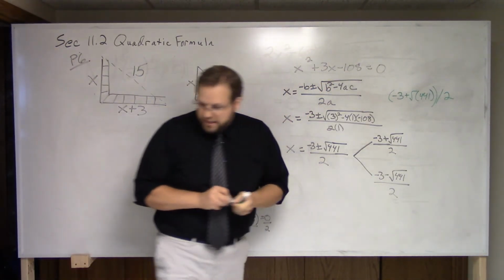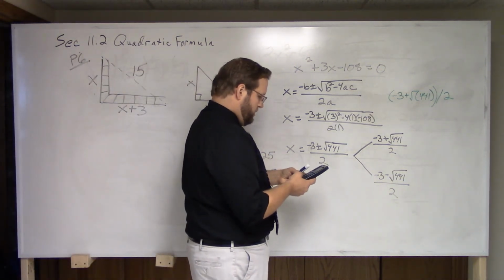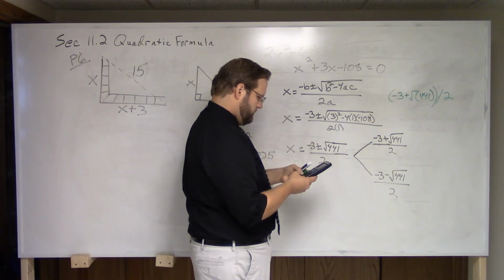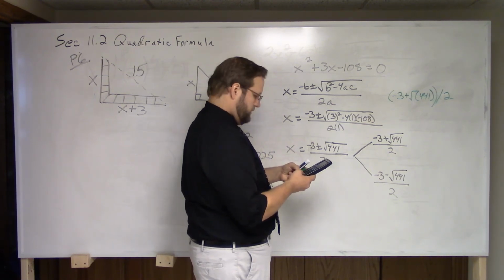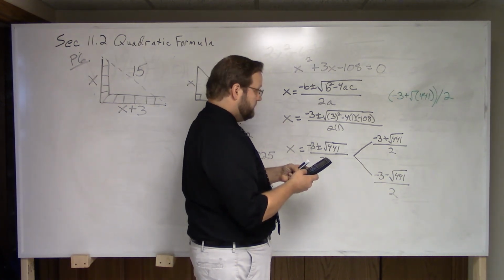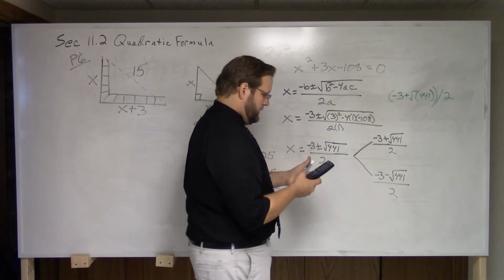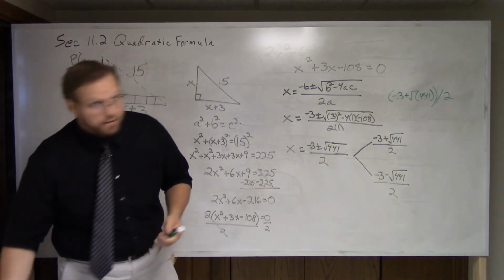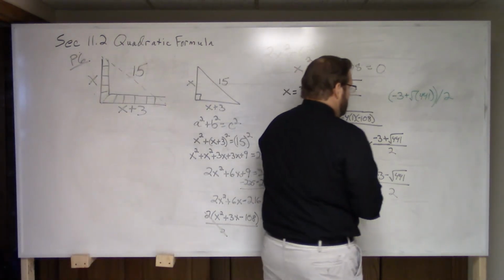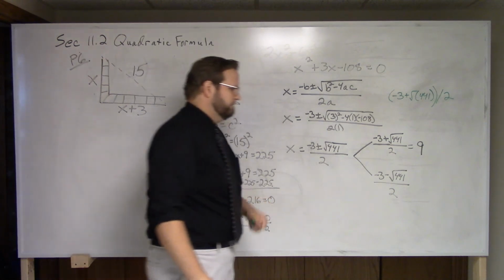Now, when you do that, let me calculate this out here. We are going to have -3 plus square root of 441 divided by 2 is 9. Now that actually worked out nicely. That came out exactly. So what we get is 9.